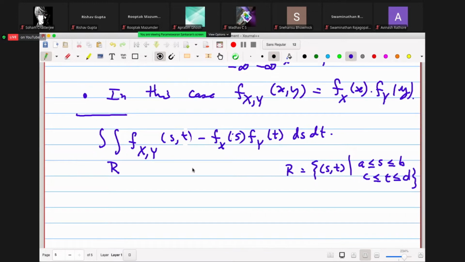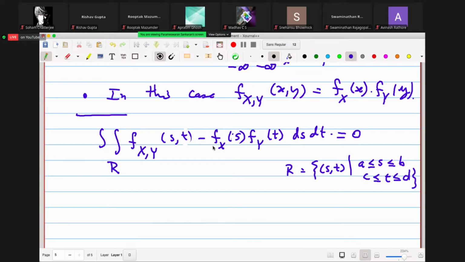If you don't want to think about this almost always business, just work with continuous functions. So suppose this is 0 for all possible rectangles like this, that is, all possible a, b, c, d. Then if everything involved here is continuous, this has to be 0.